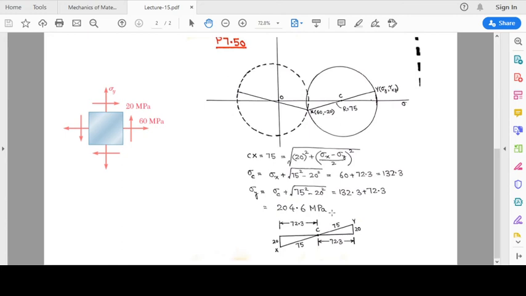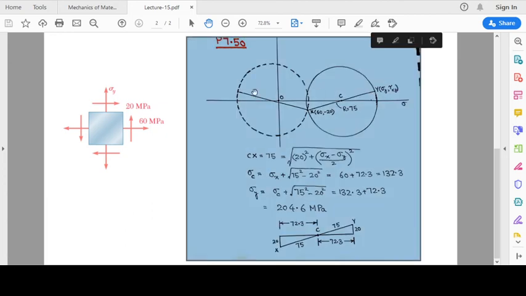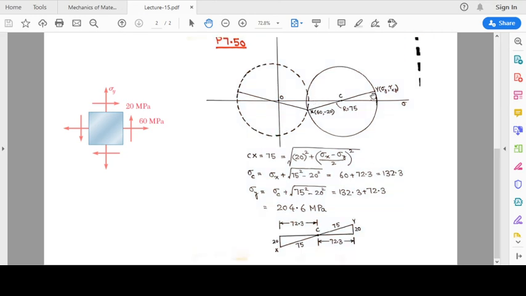If we reduce this value, say to 200, then this point will move towards the left, and the radius is going to be smaller. That means the maximum shear stress is going to be smaller.